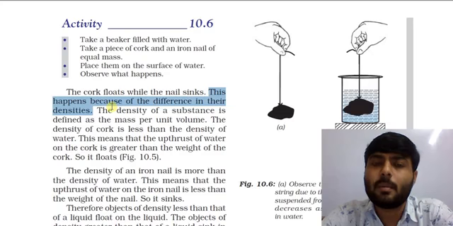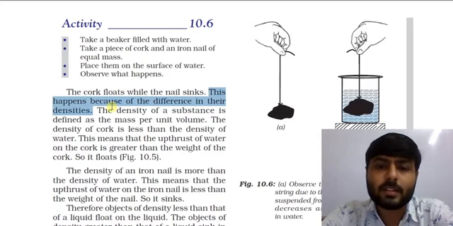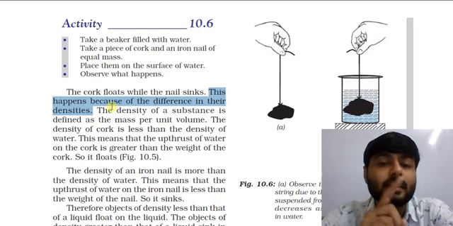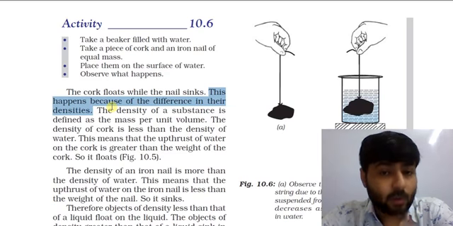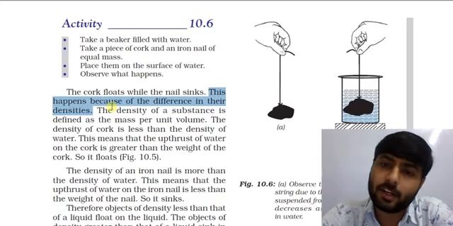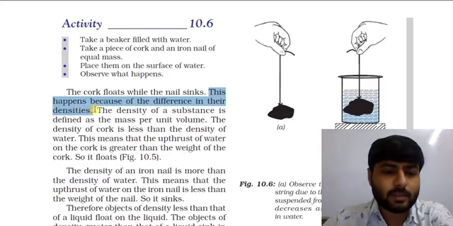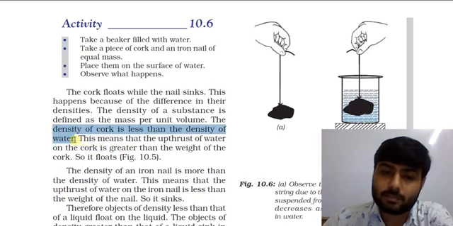Here the density of the nail is higher, and the density of the cork is lower in comparison with water. We saw that the density of a substance is defined as mass per unit volume, and the density of cork is less than the density of water.